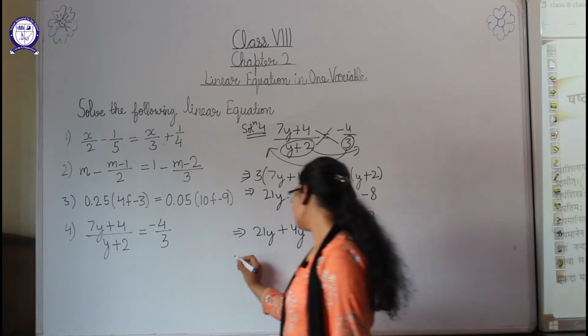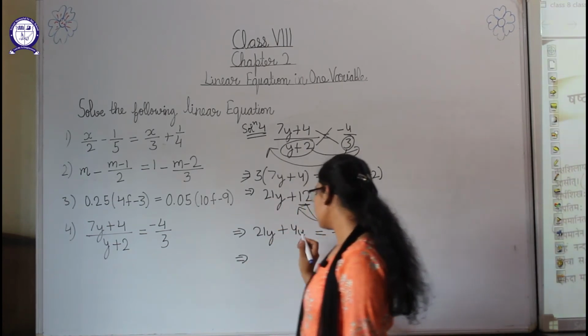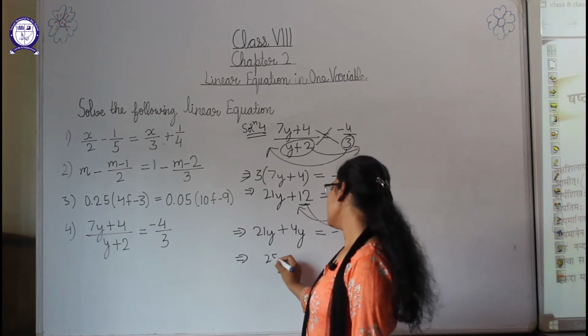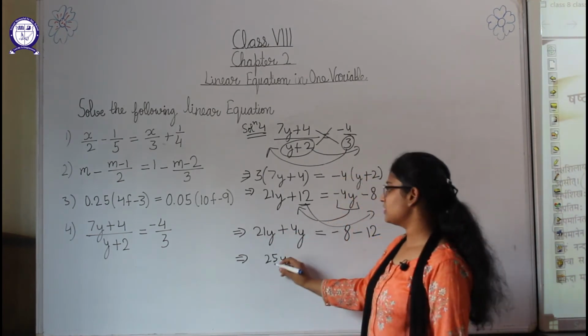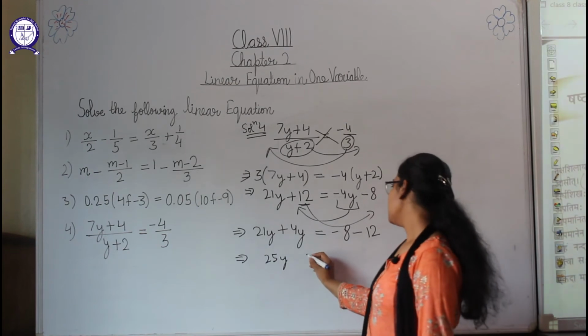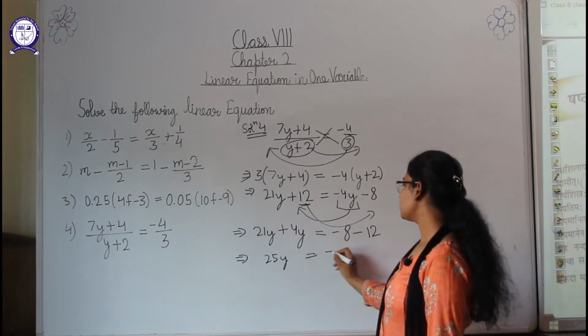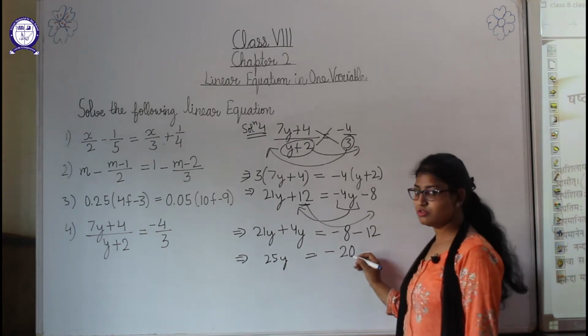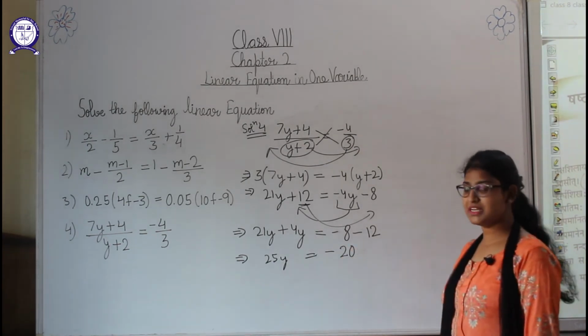Now we will solve. 21y plus 4y will be 25y, because 21 plus 4 is 25 and y is with them. Equals to, now minus minus is here, so it will be minus, and 12 plus 8 will be 20. This is how we solve when both the numbers are negative.